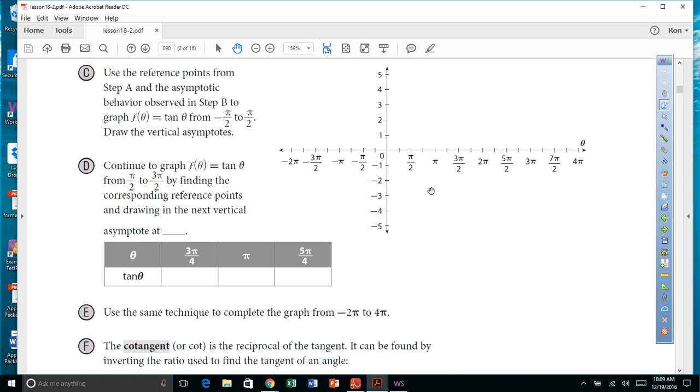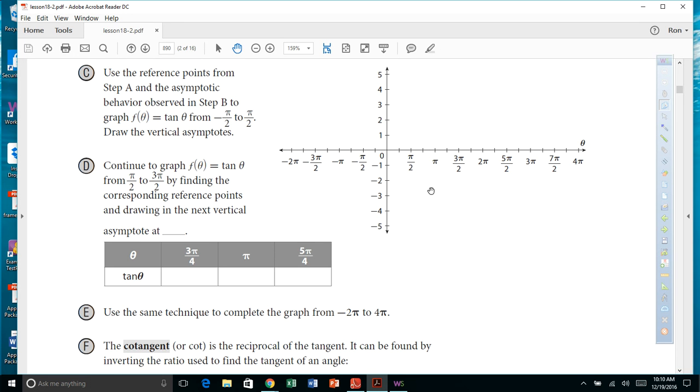So we're going to use the reference points from step A and the asymptotic behavior observed in step B to graph f of theta equals tangent theta from negative pi over 2 to pi over 2.